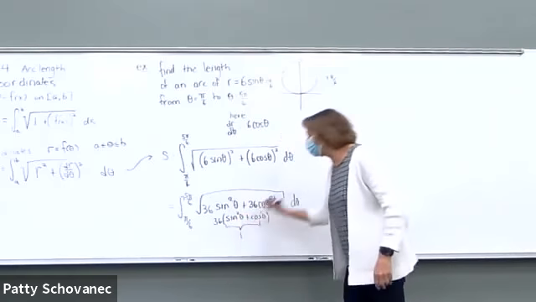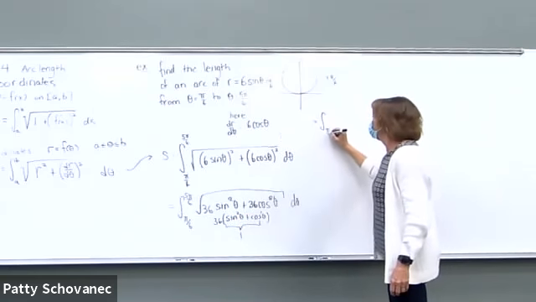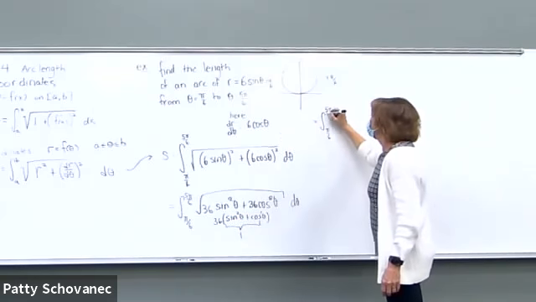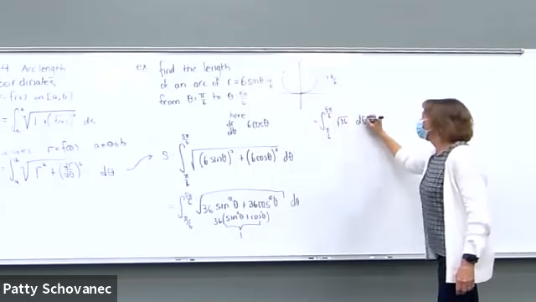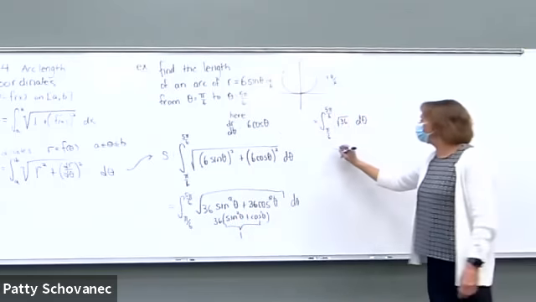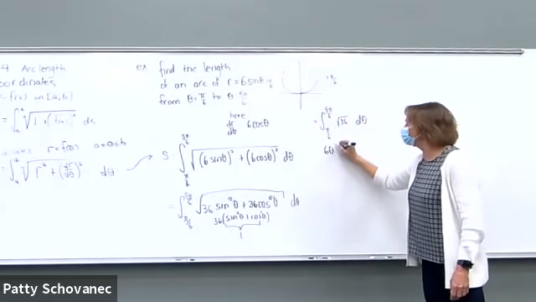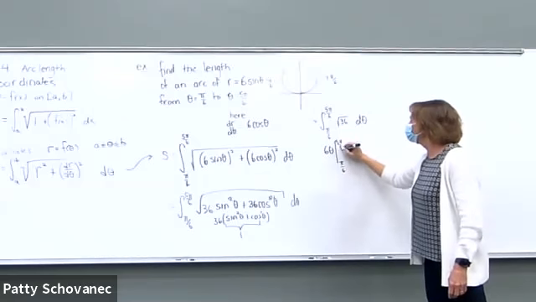So I get the square root of 36. That's just 6. Integrate the constant with respect to theta. We'll get that constant times theta from pi over 6 to 5 pi over 6.